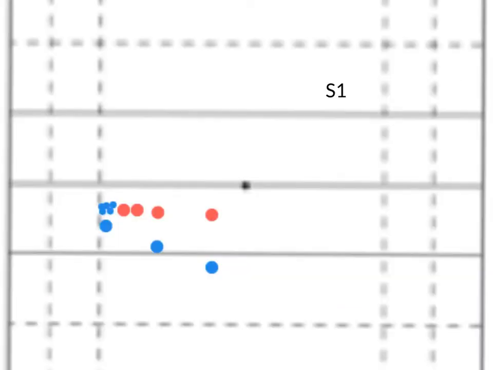So an S1 is a switch. Again, we spoke about how it's not going to be overly complicated. The switch is going to be here with the ball coming in this direction. What I would like to see is the ball carrier coming around and the receiver running straight.